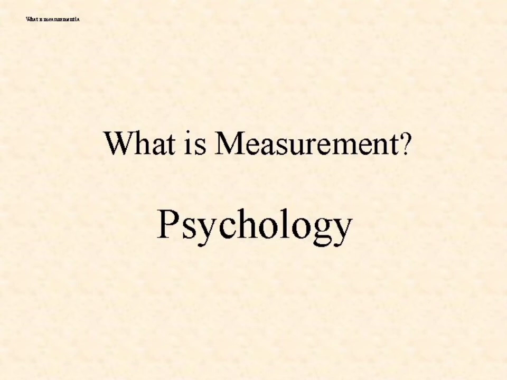As we progress to the next level, we will see that it will have the characteristics of the lower two levels, that is nominal and ordinal, plus something special that is unique to that scale.